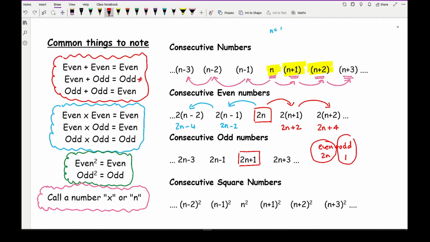So there is my first odd number. The next odd number would be adding 2 to it. And for previous values, that would be 2n minus 1, 2n minus 3.